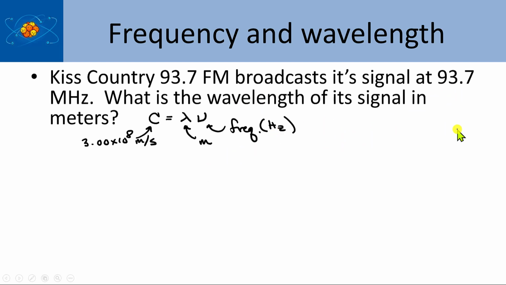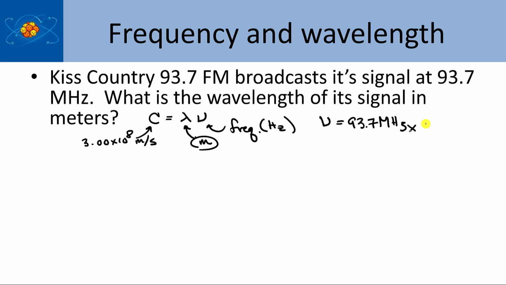So in order to calculate the wavelength, we'll need to know the frequency in hertz and not megahertz. So we're going to say frequency is 93.7 megahertz. And then this is the same kind of calculation that you did before.